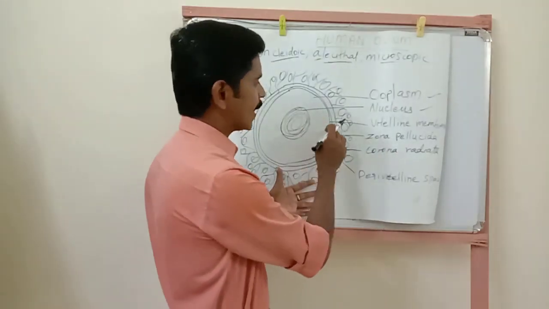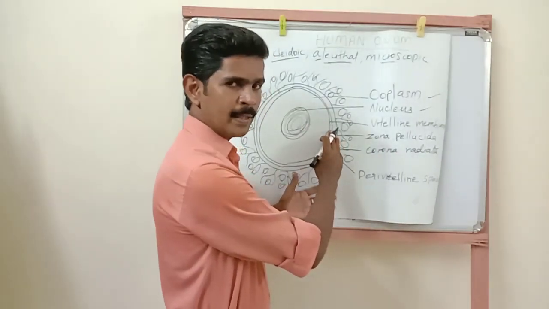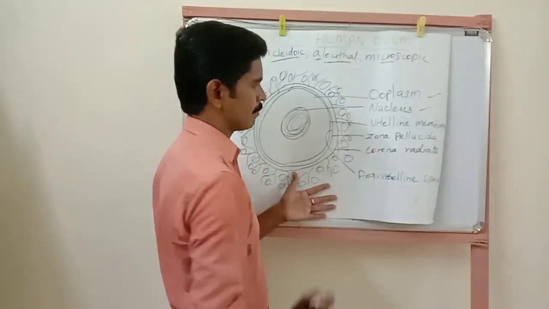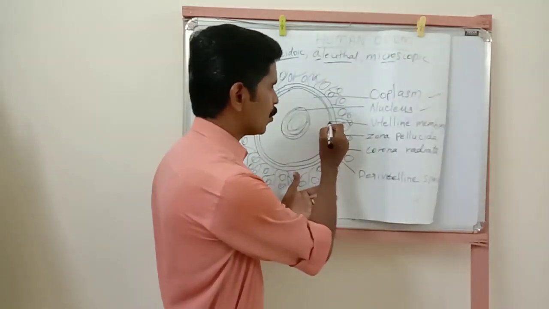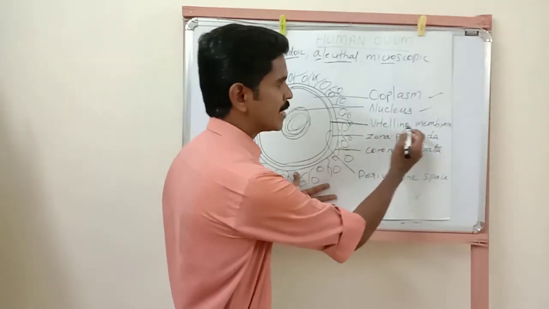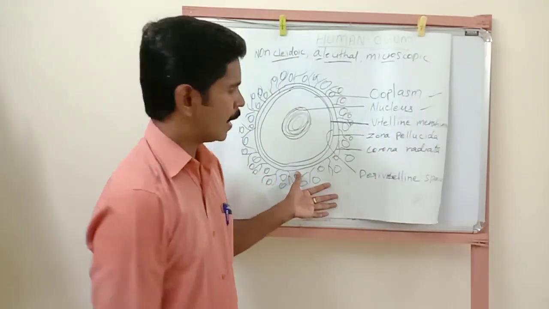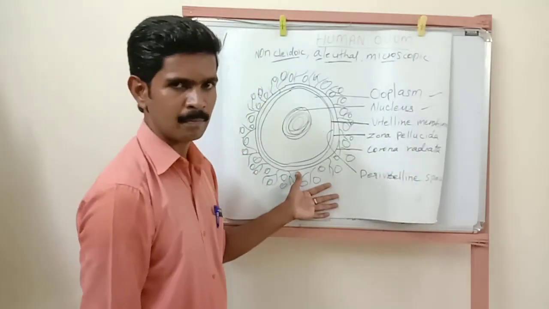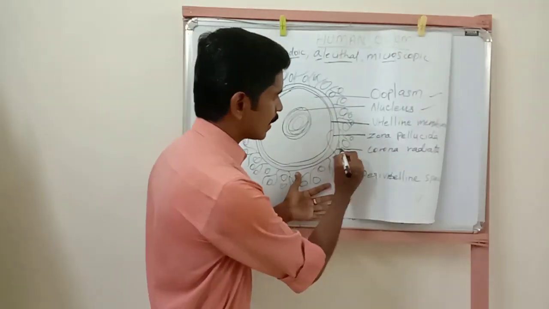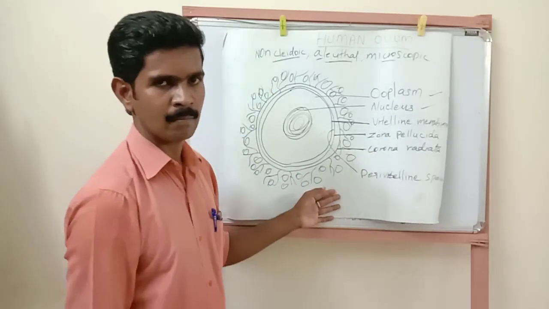And the human egg cell is covered with 3 membranes. The first, innermost membrane is called the vitelline membrane. The middle membrane is called zona pellucida. And the outer membrane is called corona radiata.